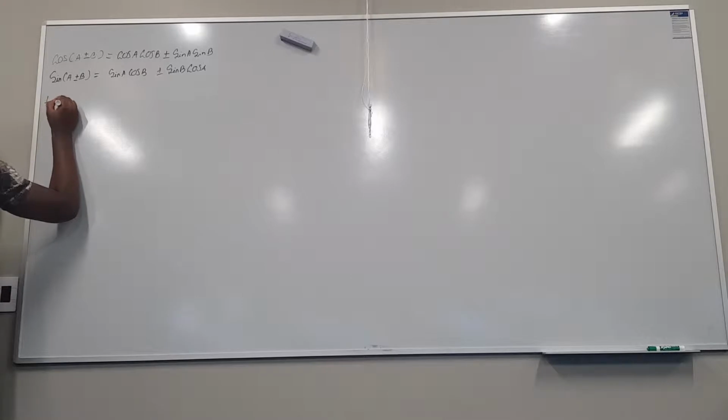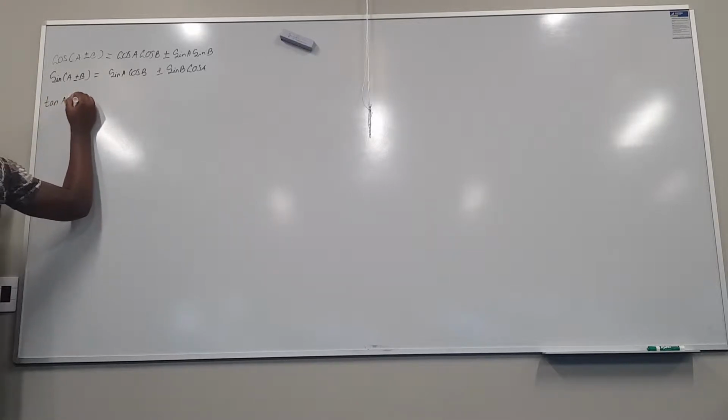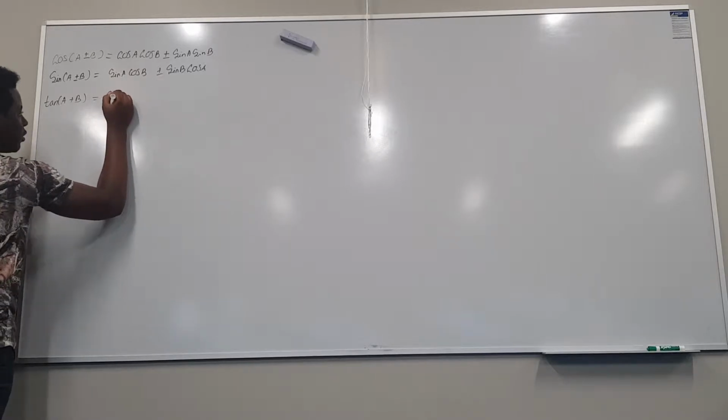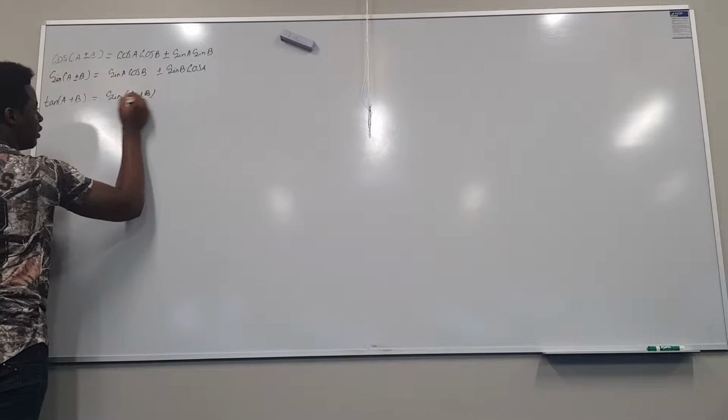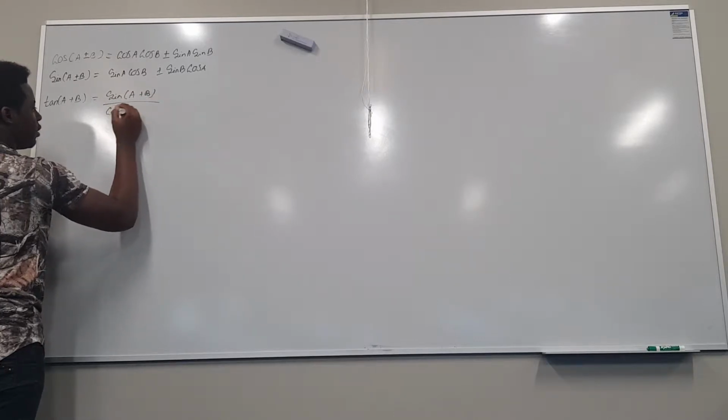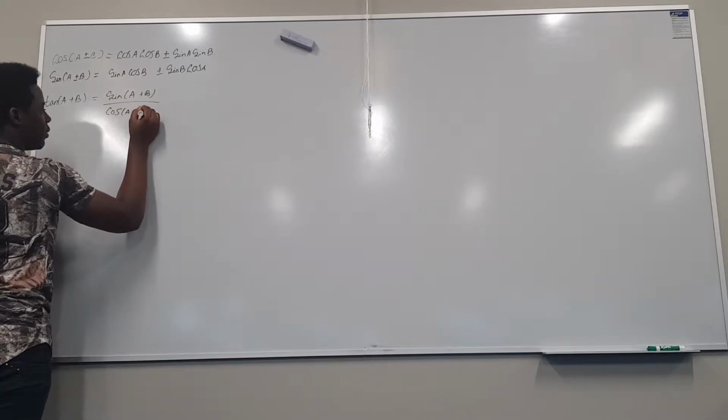Tan a plus b is equal to sine a plus b divided by cosine a plus b.